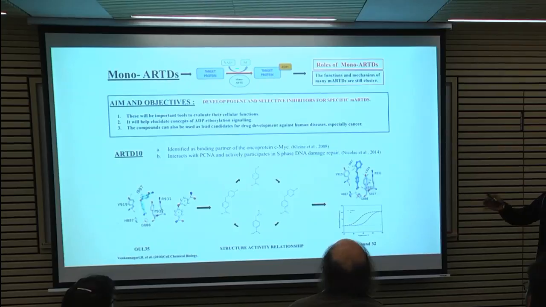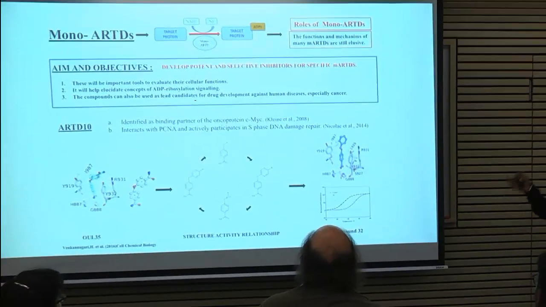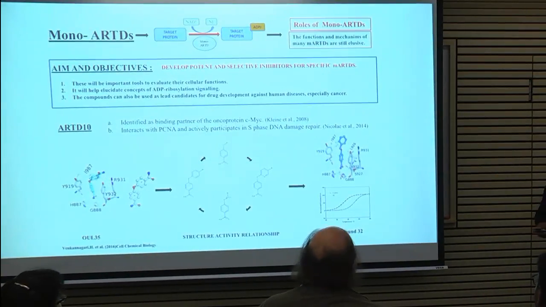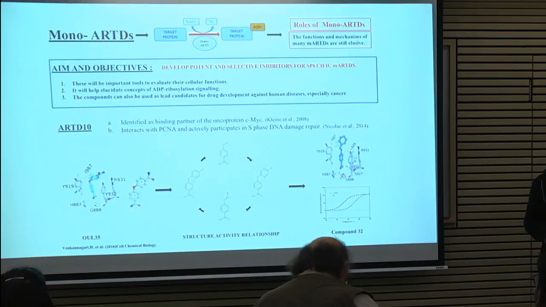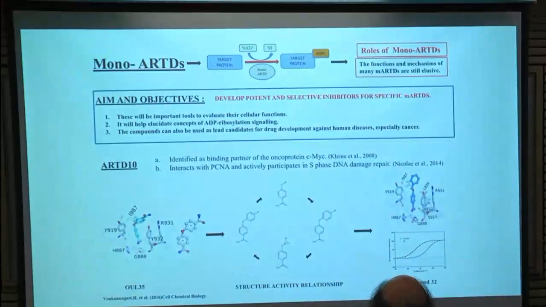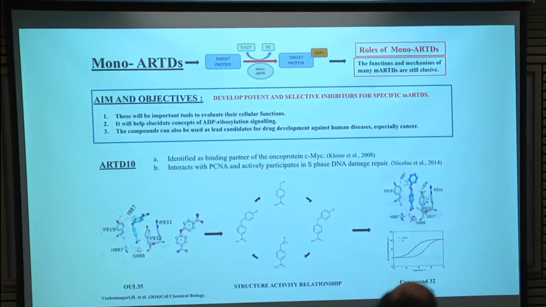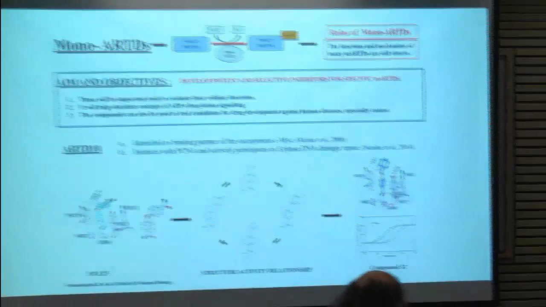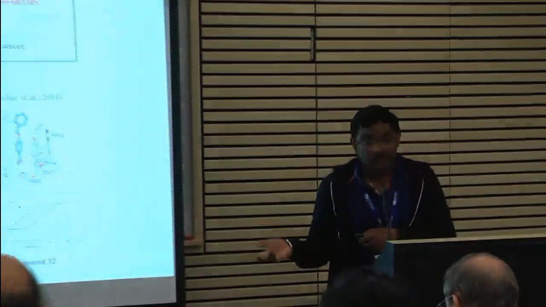With these important targets, we started screening libraries. Going back in history, one of my predecessors working on this project, ARTD10, screened the library from the National Cancer Institute and found a hit molecule that we named OUL35, which has 2 benzamide-like moieties linked by an oxygen linker.